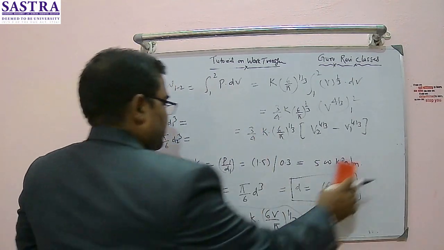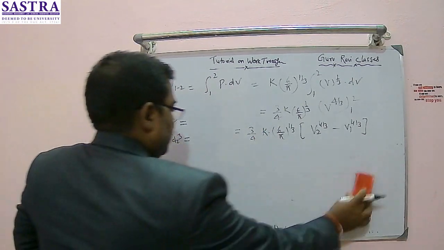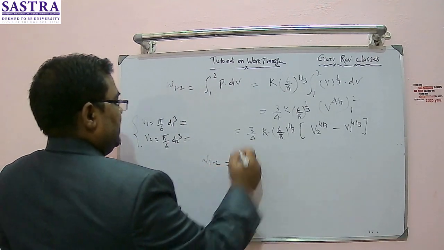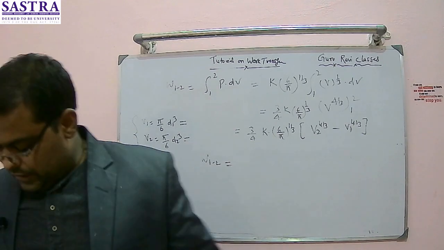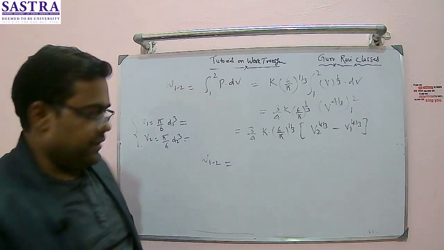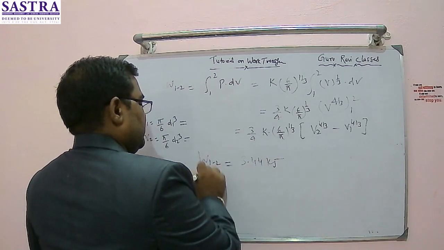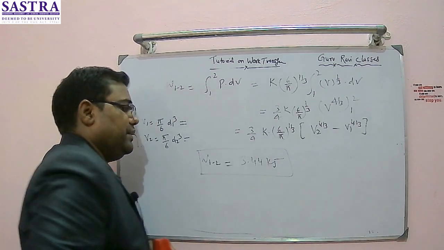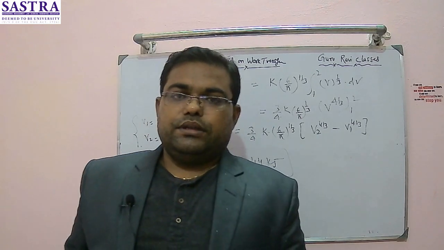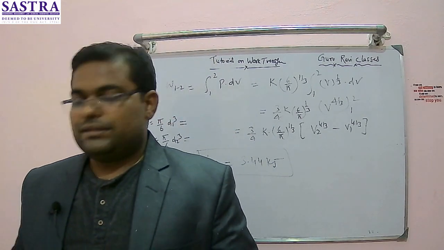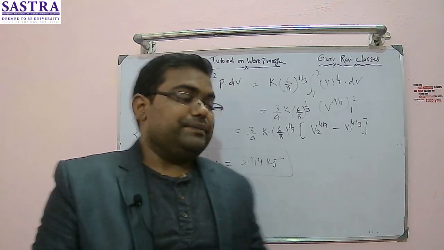If you do so, you can get the work transfer. So work transfer 1 to 2, after substituting the values, you will get a final answer of 3.44 kilojoule. So this is the last numerical problem that I was discussing, right?